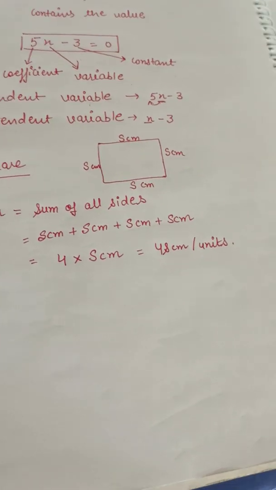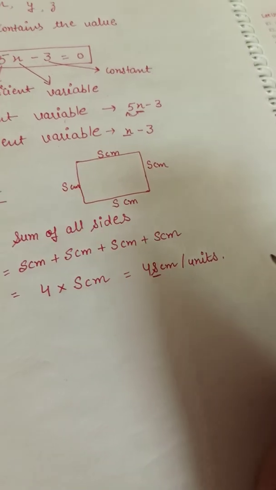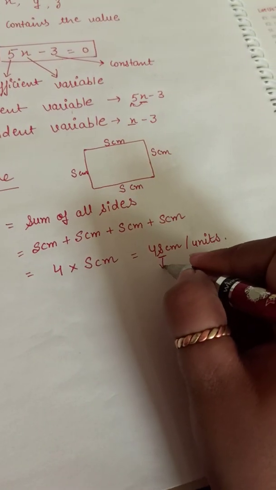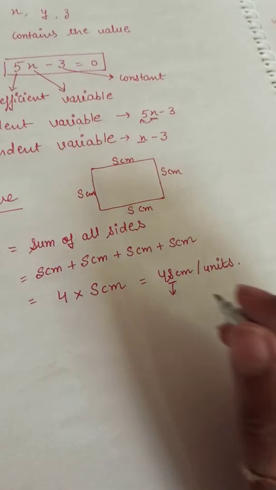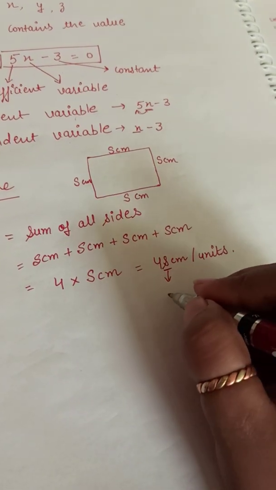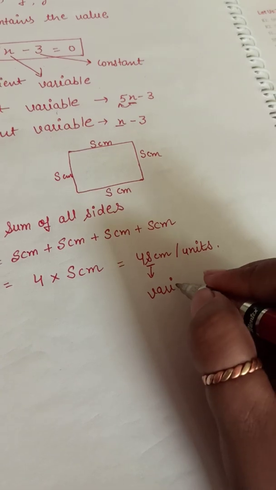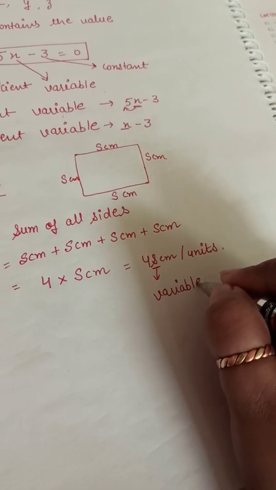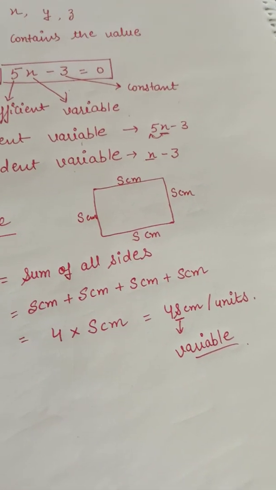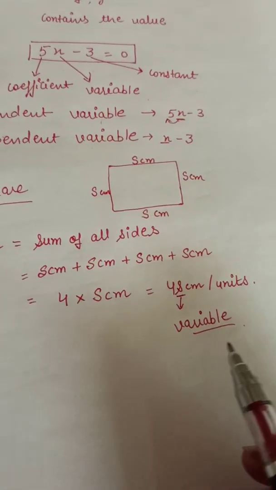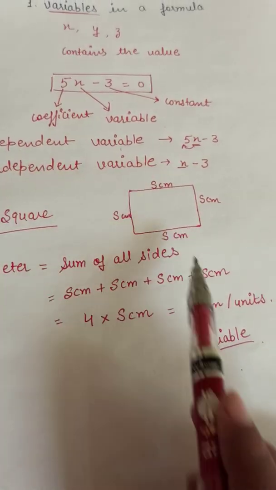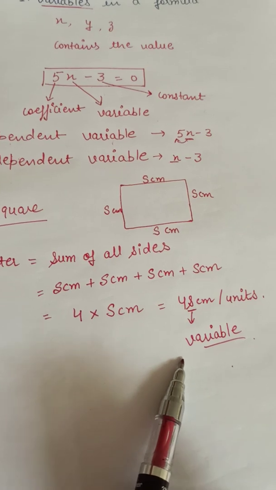Clear? So this s is the variable. But this is a variable of which type? This is a dependent variable. Clear?